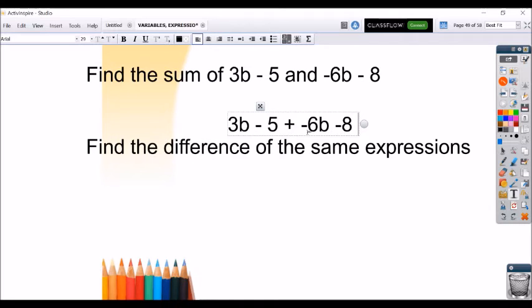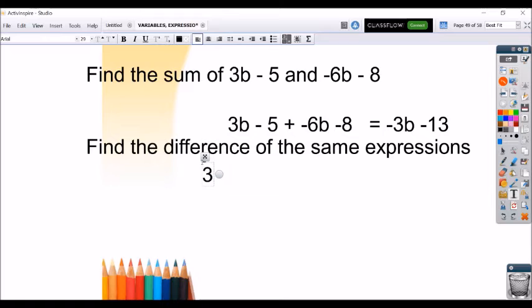So 3b minus 6b, I'm just going to ignore these two constants for a second, equals -3b, and then I have a -5 and a -8, which equals -13. And so, almost magically, because this is -13, when I plop it beside the -3b, it becomes a subtraction problem. So this is the simplified version.